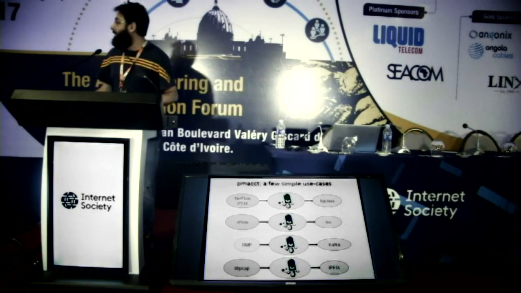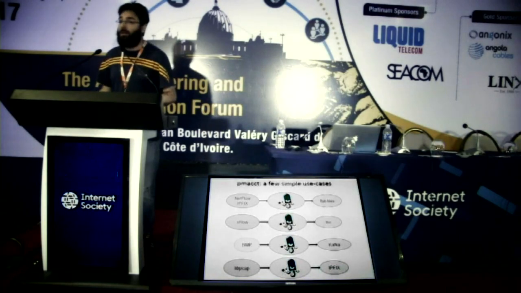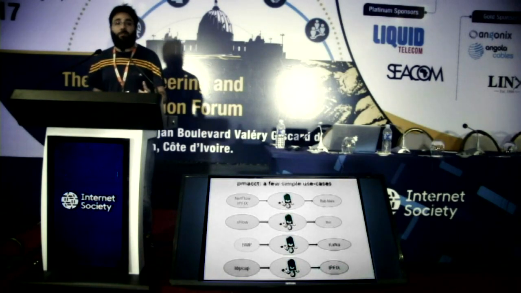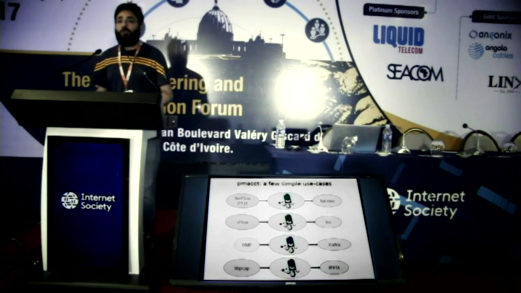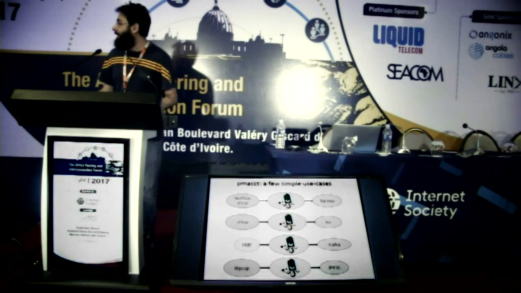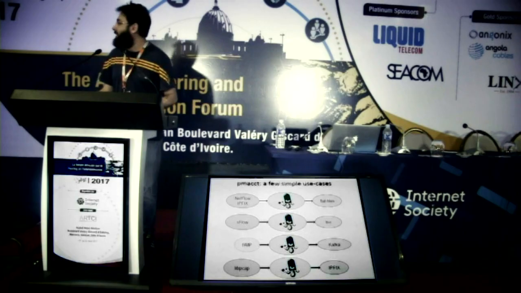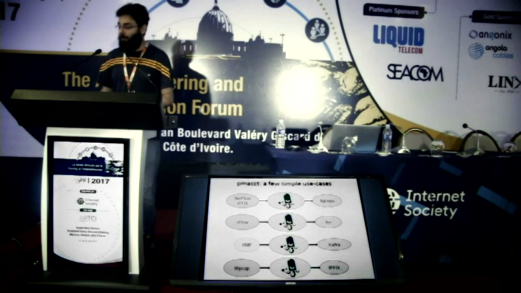And the fourth, very simple use case for PMACCT, is reading from a span port, a mirror port of a switch, for example, capturing this information with the libpcap library, and then PMACCT can make IPFix packets out of it, and that would be PMACCT as a probe.